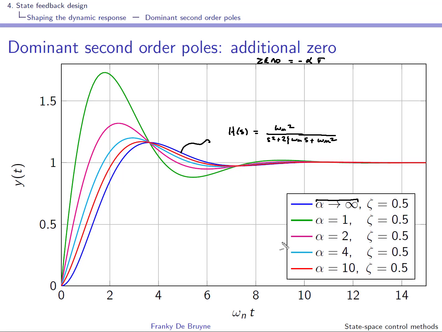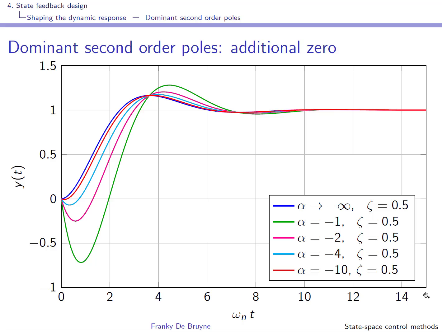The influence becomes larger and larger when alpha decreases, and when alpha is equal to 1, you're really in a situation where this is the complex plane, real part of S, imaginary part of S. So you would have your poles, for instance, over here, and the 0 would be right here. Okay, and you can see that if this is the case, the influence of the 0 will be quite substantial.